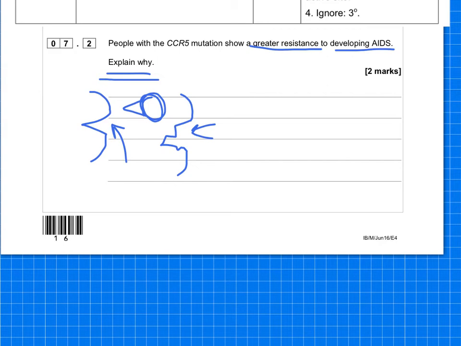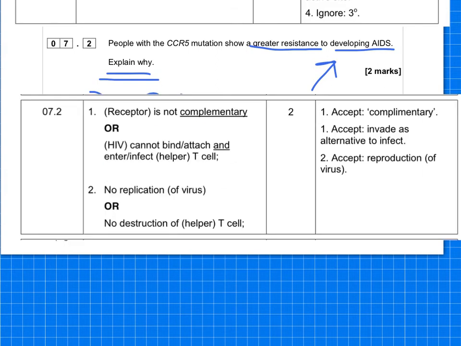If it can't bind or attach, there's no replication of the virus and therefore no destruction of T cells. So this is related to your knowledge of cell immunity, and also knowledge of HIV, but it's mainly about cell immunity and the fact that receptor sites are going to be different, therefore no replication.